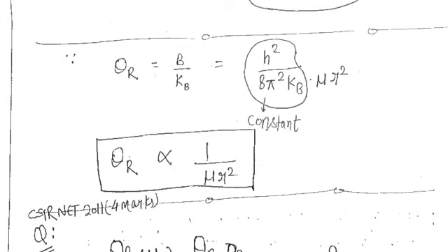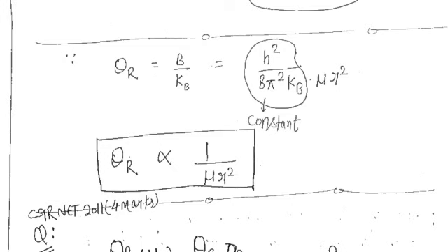Then you need not put in all these constant values in the expression. You just have to take the ratio. In order to take the ratio, you neglect the constants and focus on the side that actually matters, which here is nu r square. So now moving to the question.